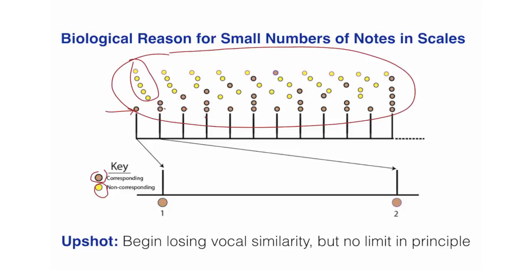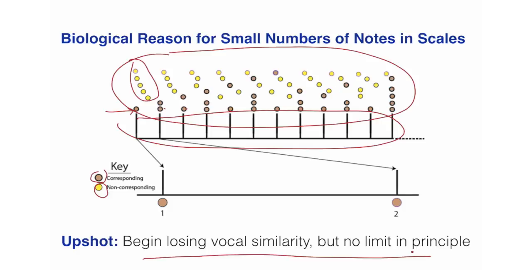So there's a trade-off between the introduction of notes that are consonant, that have high correspondence with the tonic, even though they begin to introduce intervals that don't have any correspondence with the harmonics of the tonic, and that trade-off begins to lose vocal similarity.